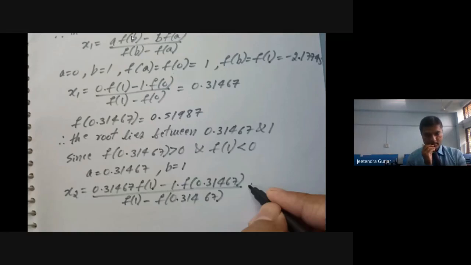Just to save the time, I am telling you to use the calculator. That will give you the direct answer. Try to simplify x2, that is the second approximation. Yes, so I think all the students are trying to get the answer.